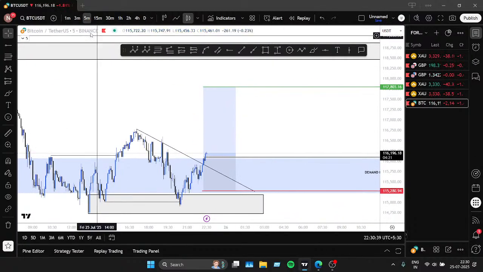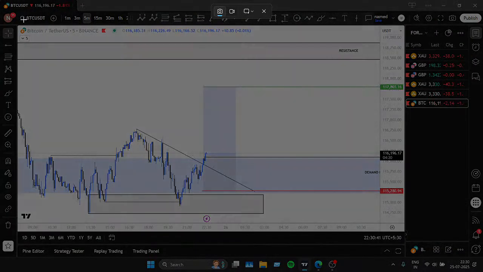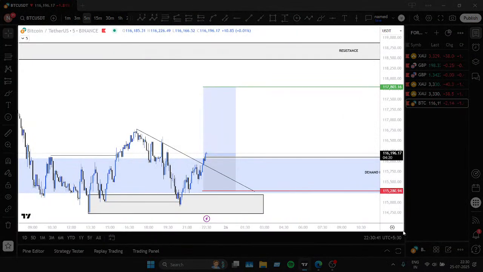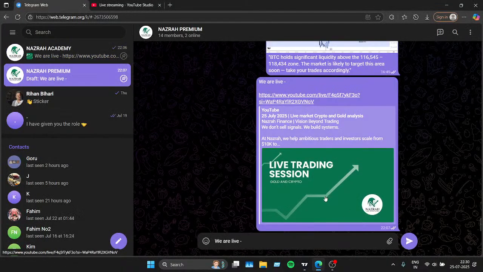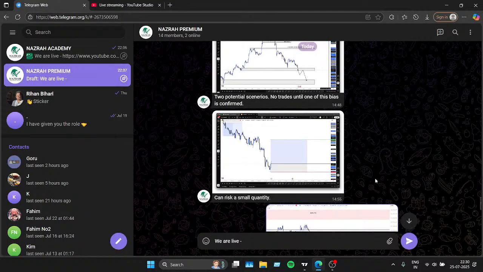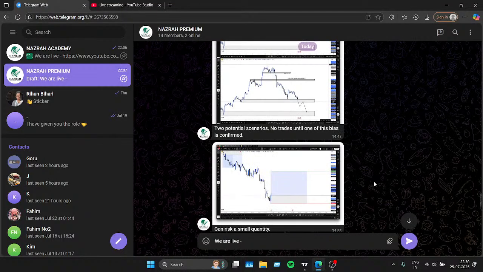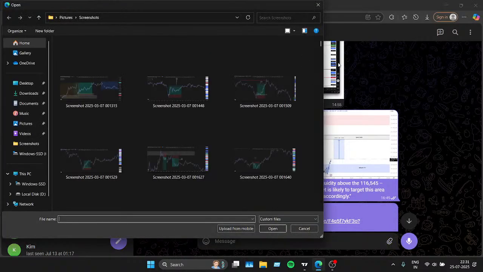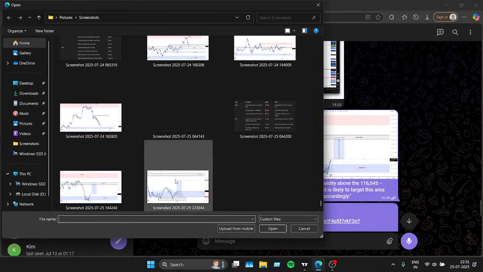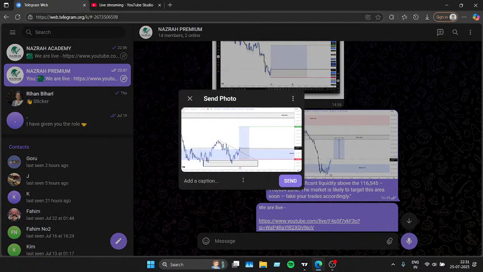Let me just post this trade and update in our premium. So there's a good trade setup. You can take it for long setup, guys. If you haven't entered this trade, you can enter it now.